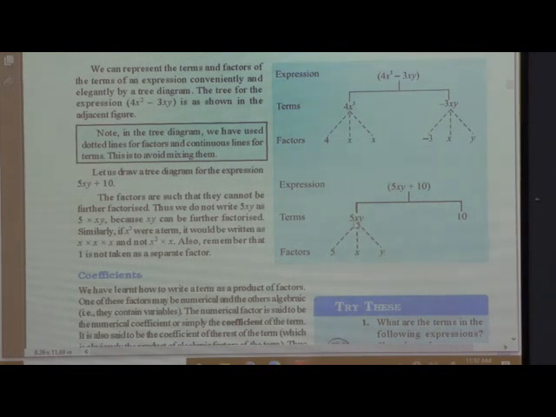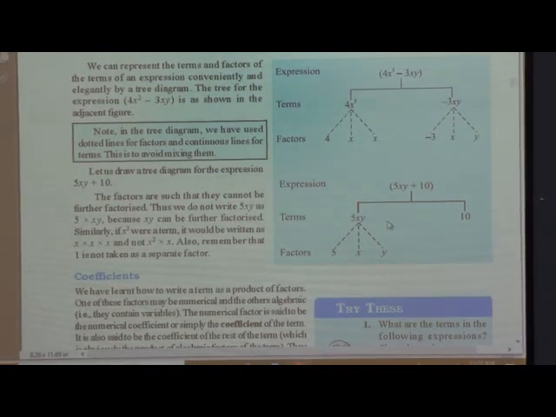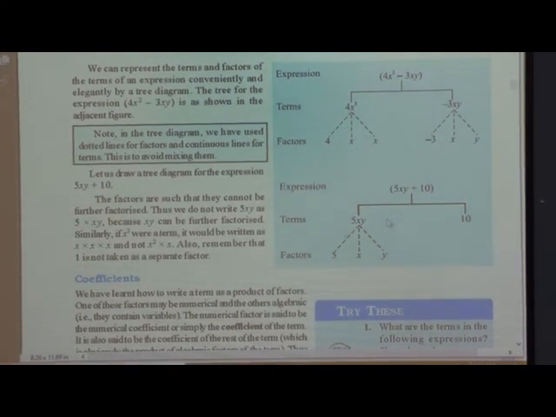So, we write the factors of 5xy as 5, x and y. 10 we write as it is because it does not have any factors, because we do not have any variable here. So, we have seen 2 examples of expressions, how to write the terms as well as the factors.